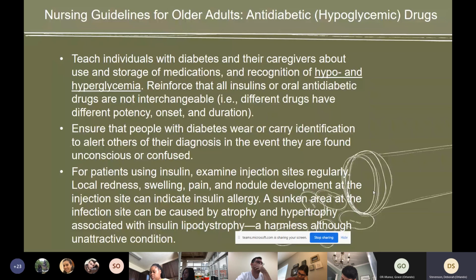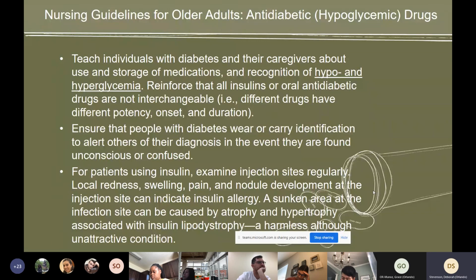So this is something we can teach our patients: have all your meds available, put a med list in your purse or in your wallet or in your car, wherever it needs to be, because the emergency people need to know if there's something really major here. So again, identification would be a good thing.